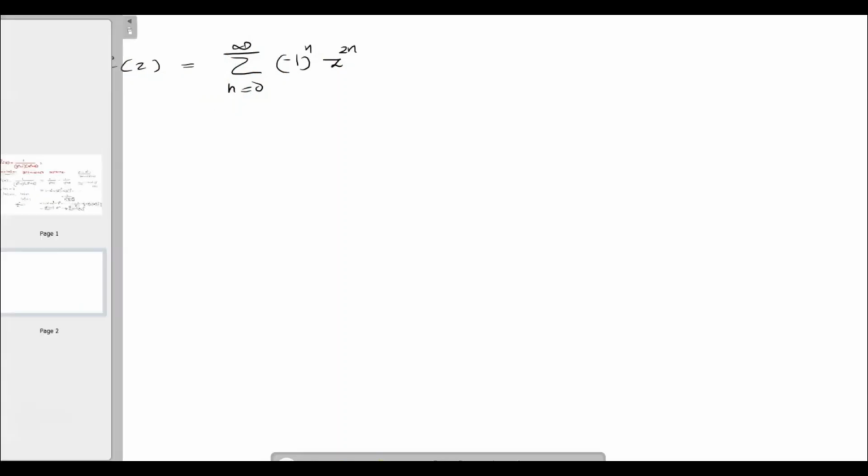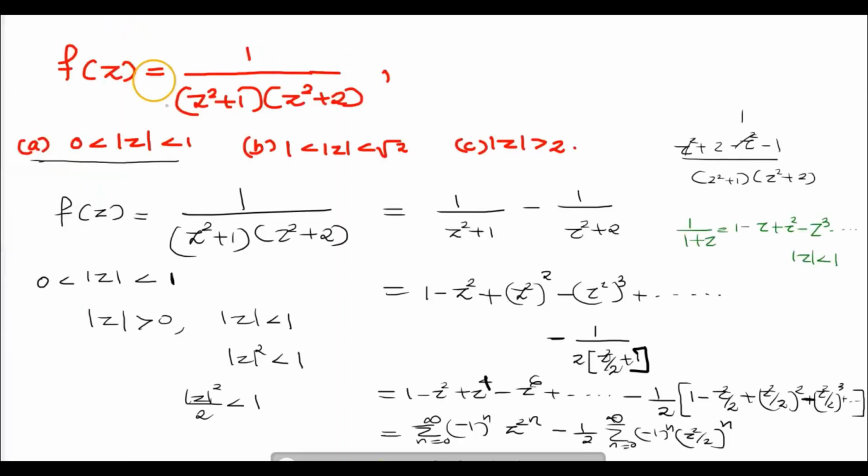We get f of z is equal to series n is equal to 0 to infinity, minus 1 power n, z raised to 2n. Here (z square by 2) all power n is also z raised to 2n, so z raised to 2n minus 1 power n is common, and here 1 minus 1 by 2, and here also 1 by 2 raised to n is there.